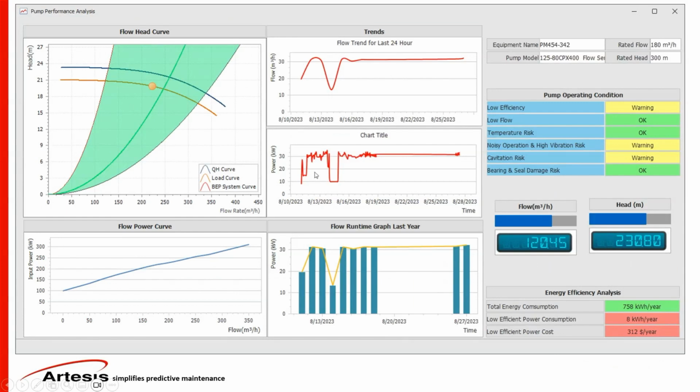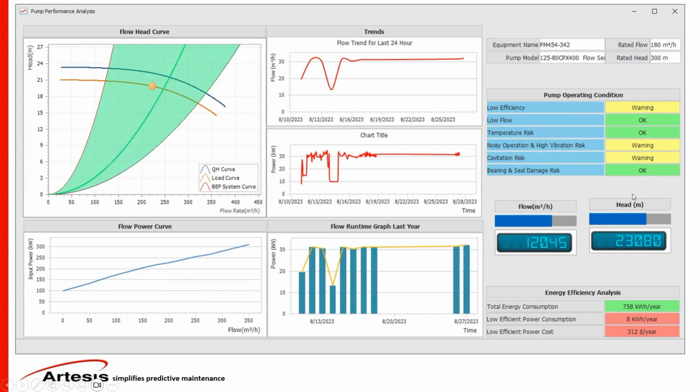And here you can keep track of the flow, power, power consumption, and the efficiency. But more importantly, without doing any of that, the system will provide you the automatic fault diagnosis, similar to our mechanical fault diagnosis. So you will see if there's a warning or if there's something you have to pay attention to. And through only voltage and current acquisition, the system will estimate the flow and head.